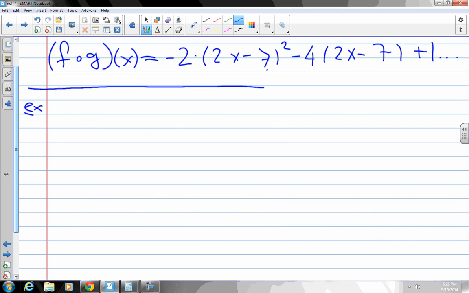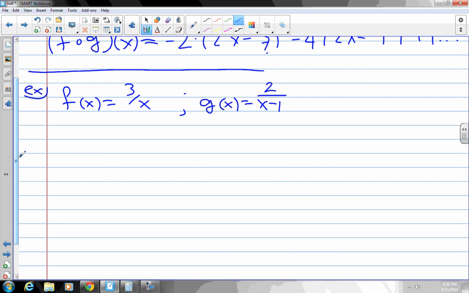Here's another example. F of x equals 3 over x, and g of x equals 2 over x minus 1. So what is the domain of f?